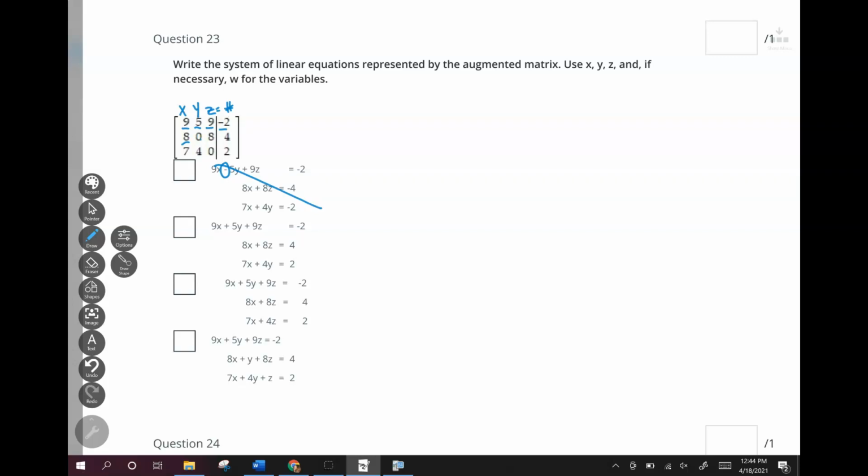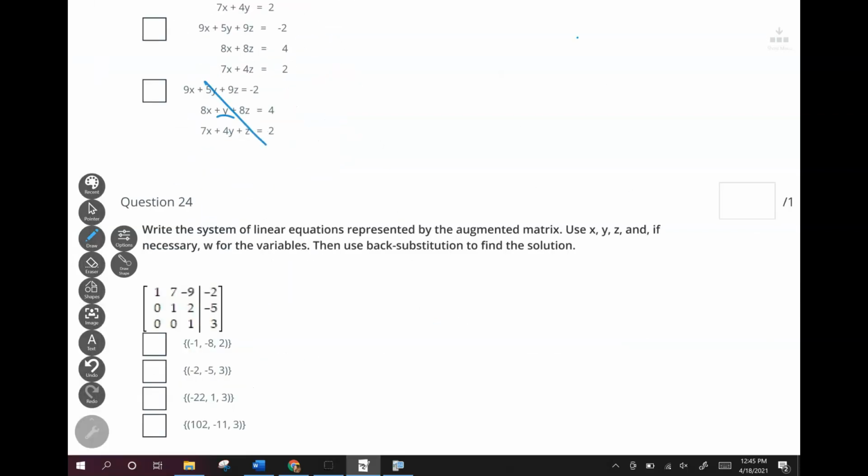There's just no y there, so 8x plus 8z equals 4. So not this one because it has a y there. And so then you can narrow it down to those two and then figure out what it is, looking at the third equation.